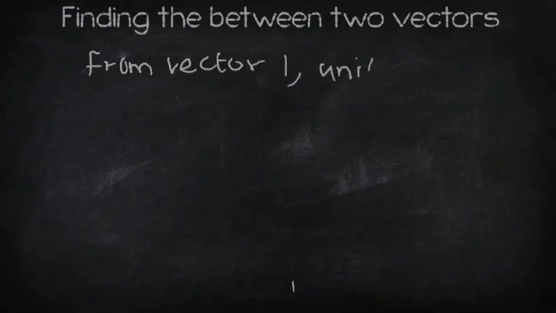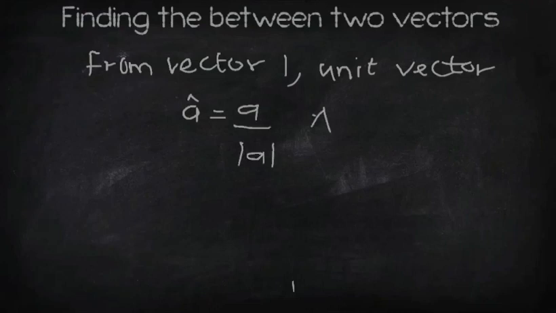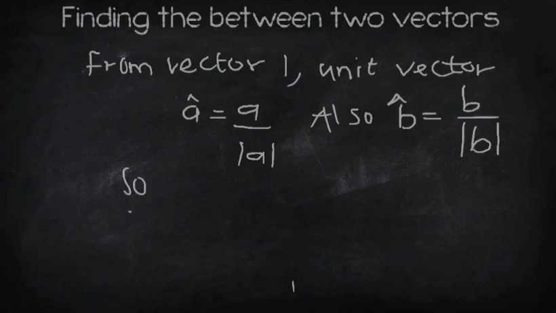From vector 1, the first vector that was treated, you know that every unit vector, you use the carat sign to denote that, is equal to the vector itself all over the absolute value of that vector, and this also applies to b.